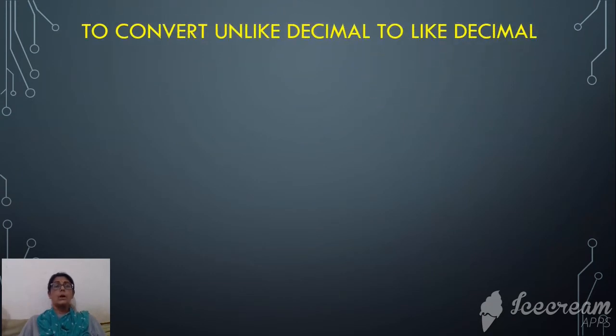To convert unlike decimals to like decimals. Just now we have understood the difference between like decimals and unlike decimals. Now here we will learn to convert unlike decimals to like decimals. Means हमें उनके decimal places equal करने हैं.